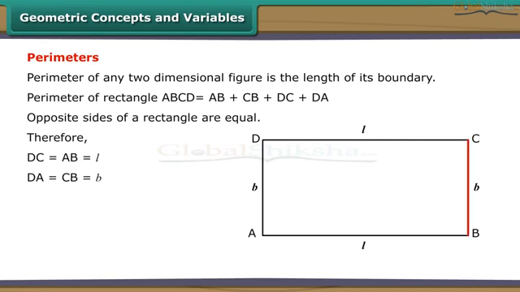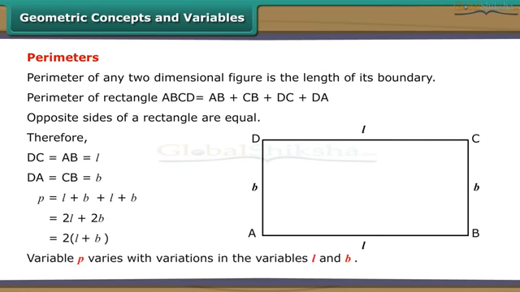DA is equal to CB is equal to B for breadth. If perimeter is represented by the variable P, then P is equal to L plus B plus L plus B is equal to 2L plus 2B is equal to 2(L plus B). Variable P varies with variations in the variables L and B.